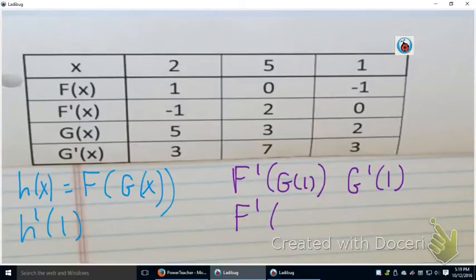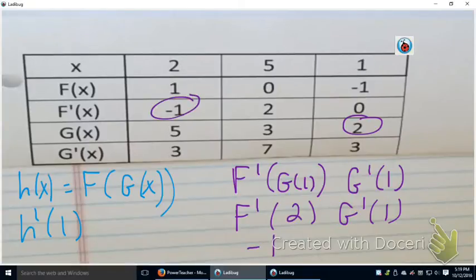So g of 1 is 2. F prime of 2 is negative 1. G prime of 1 is 3. And I get negative 3.